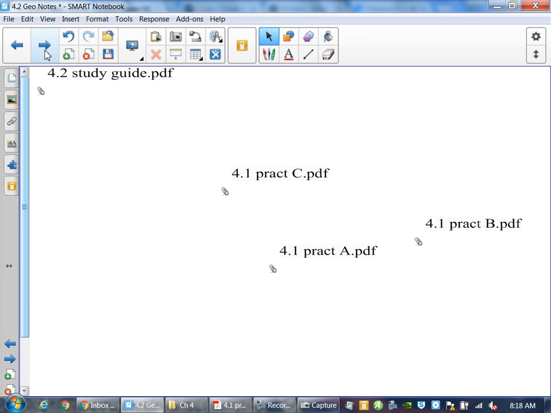Let me give you guys some problems. Like I said, we didn't have much going on for notes here today. It is relatively straightforward. So in your book, we're in 4.2.